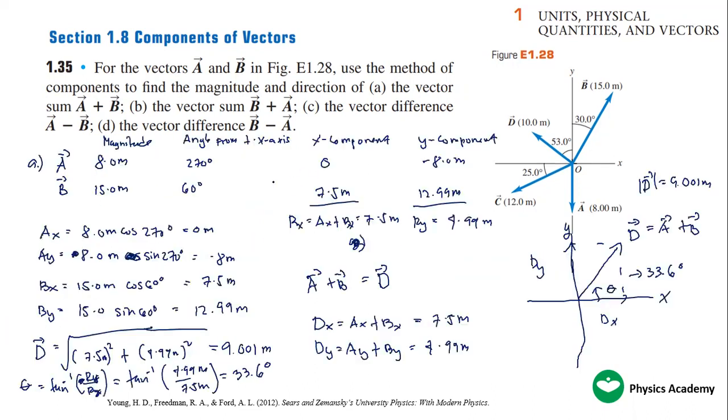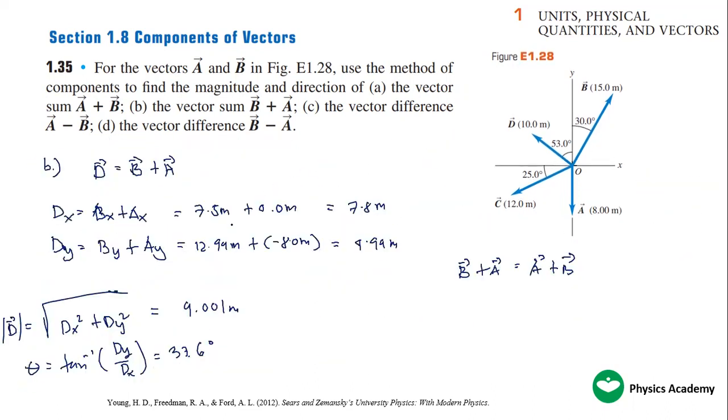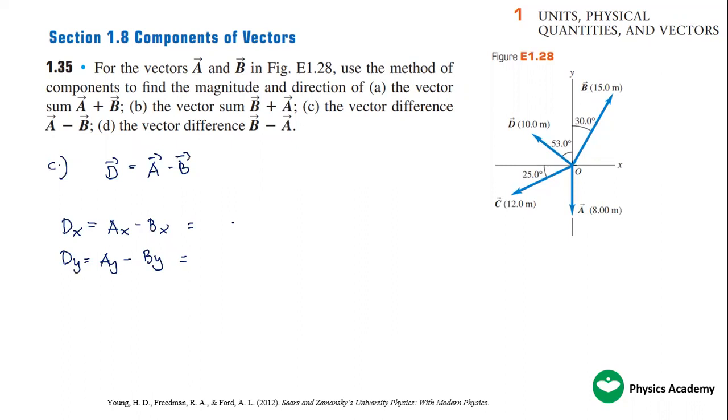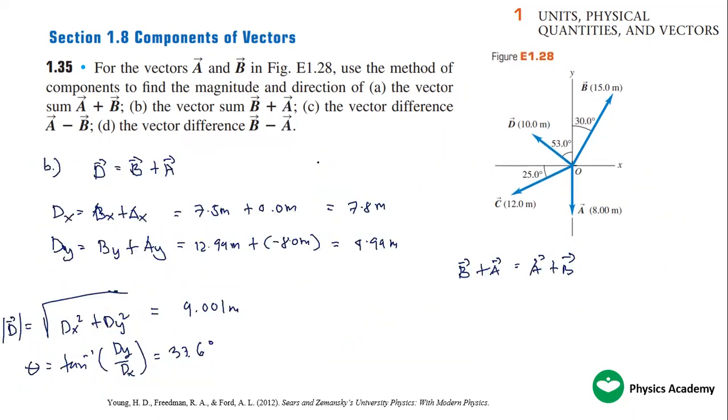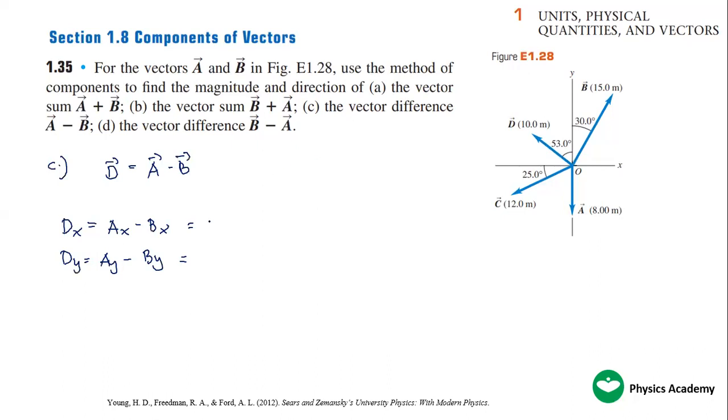So what is our AX? It's 0. And our BX is 7.5 meters, so 0.0 meters minus 7.5 meters. So we have negative 7.5 meters.